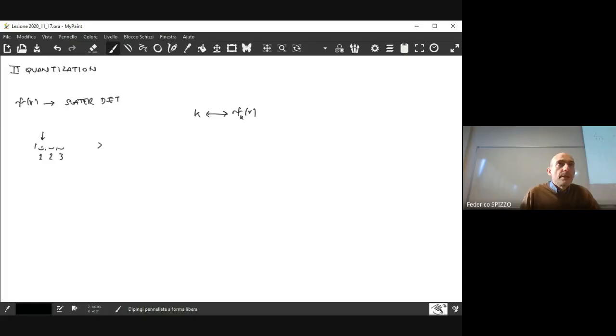If we are at 0 temperature, for instance, we know that the levels below EF are occupied, the levels above EF are unoccupied.